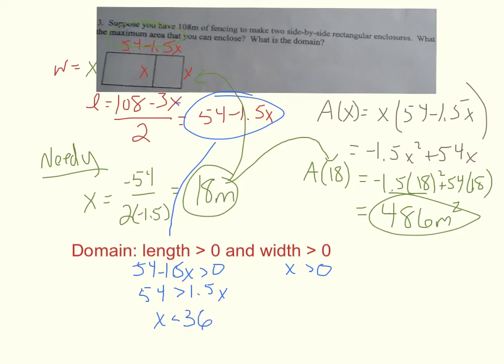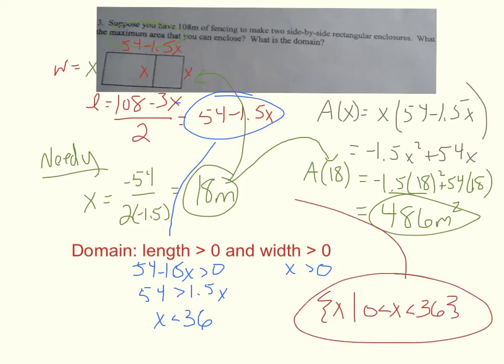So this time, the domain, the values of x that are allowed, is any x bigger than 0 but smaller than 36. Those are the values of x that will give you a rectangle. Anything beyond 0 or 36 will give you negative lengths, which, again, is impossible.